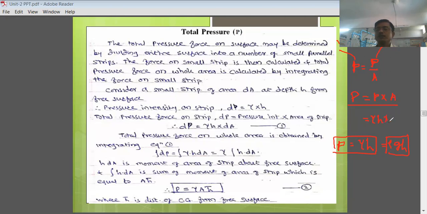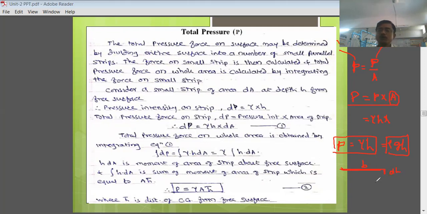Then it comes the area of strip. Okay, this is the area of strip. We have seen the area of strip is nothing but the length of the strip, which was denoted by letter small b, and the depth, denoted by letter dh, right?